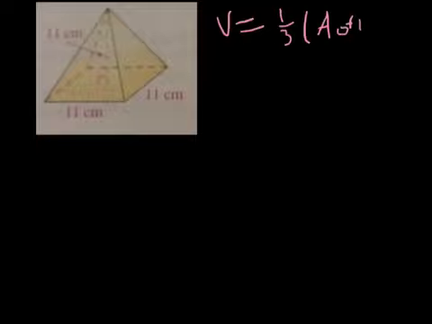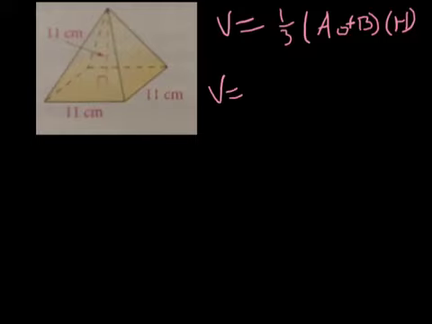Now this equation that we're using with the volume equaling 1/3 times the area of the base times the height, we'll actually use the height, which goes from the vertex to the center of the pyramidal base. Okay, so it's not the slant height we're using in this equation, it will be the actual height, which is the altitude.